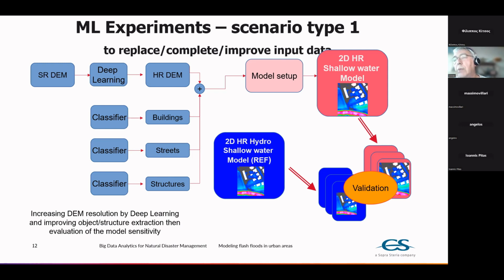But the key point is to evaluate to what extent we can accept this low quality, missing data and so on. Because the goal is not just to produce outputs, it's to be sure that they are reliable and that we can use them in operational conditions. So that's one type of scenario we are working on.